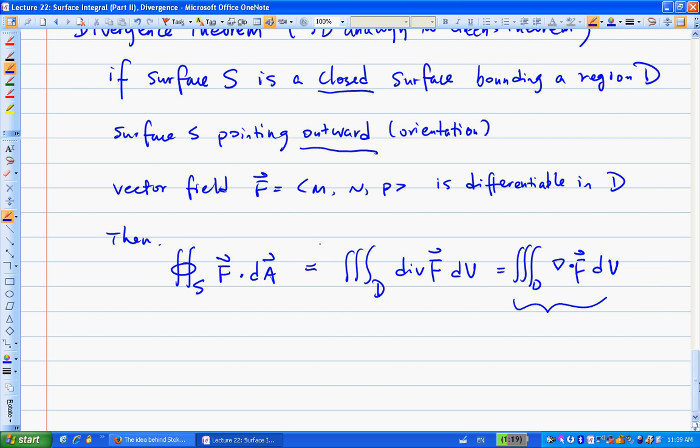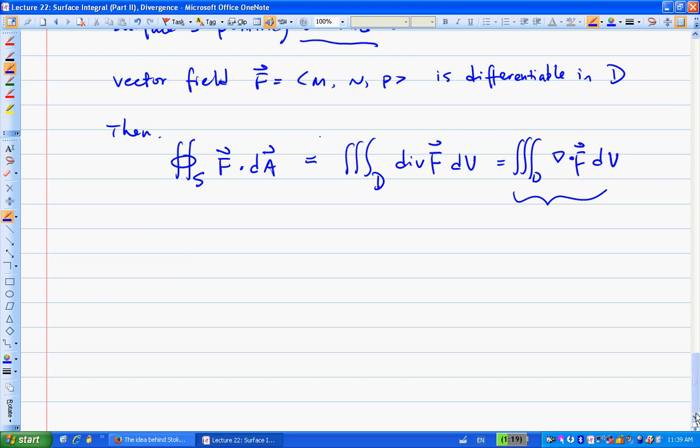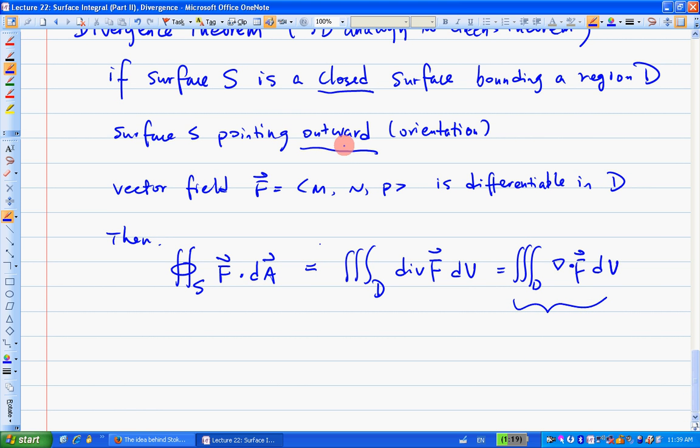The more important thing is for you to understand a little bit what exactly this theorem means. We know this quantity here is giving the flux, because the divergence theorem specifically says the surface S points outward. So this gives us the outward flux.